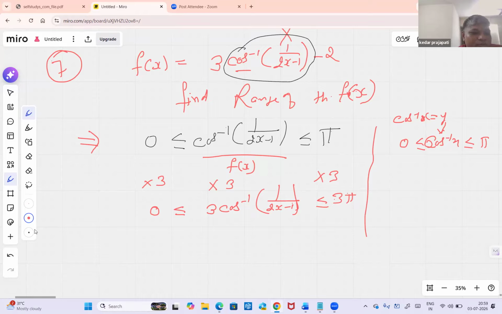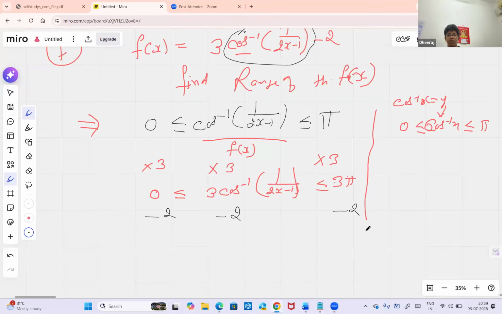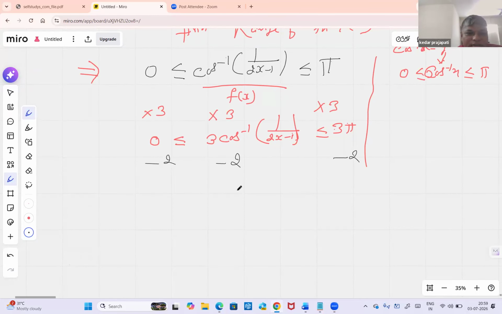Now what I'm going to do? We got this 3 cos inverse of 1 by 2x minus 1. But in order to get f of x, I also have to subtract 2. Correct? Yes, sir. Now our answer is coming.